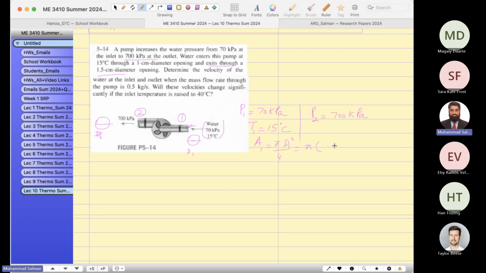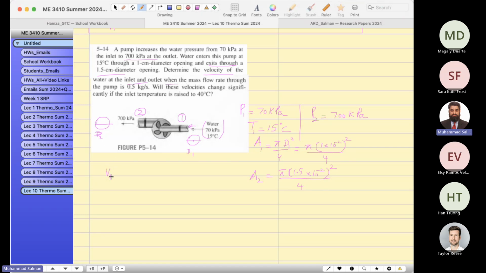So D1 is 1 centimeter, so 1 into 10 to the negative 2 in meters, squared, divided by 4. And area 2 is pi D2 squared, which is 1.5 into 10 to the negative 2 squared divided by 4. The question is, determine the velocity of water at inlet and exit.